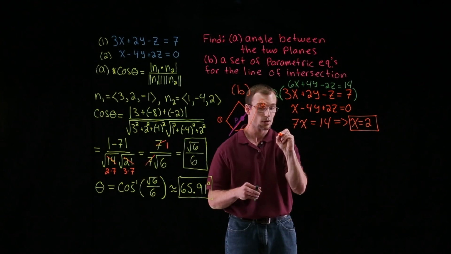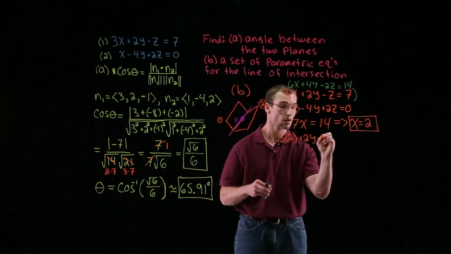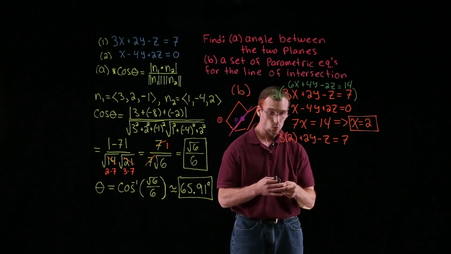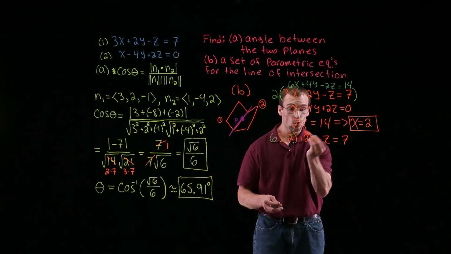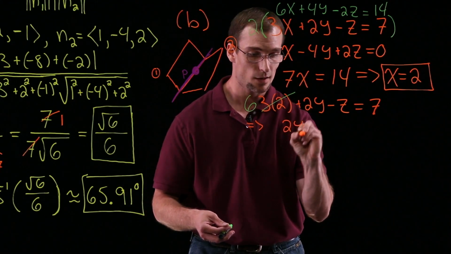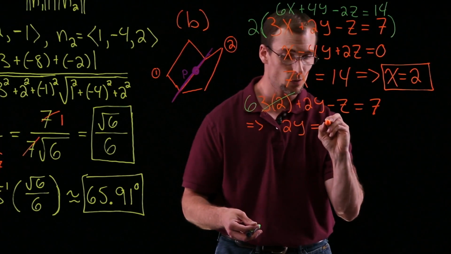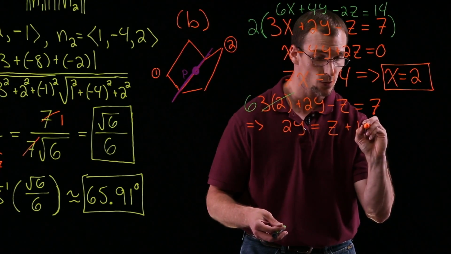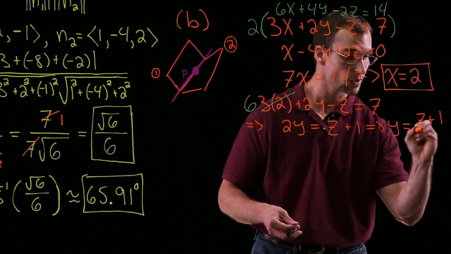So we'll have 3 times 2 plus 2y minus z equals 7. 3 times 2 gives us 6. Let's solve for y. Adding z and subtracting 6, 2y will be equal to z plus 1, and then dividing both sides by 2, we have that y is equal to (z plus 1) divided by 2.